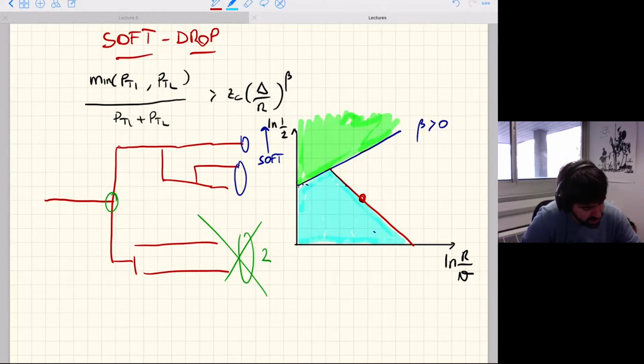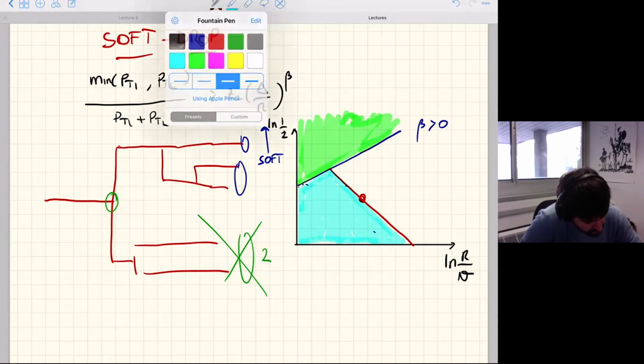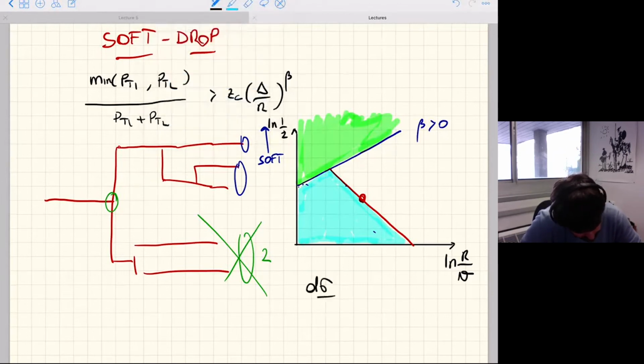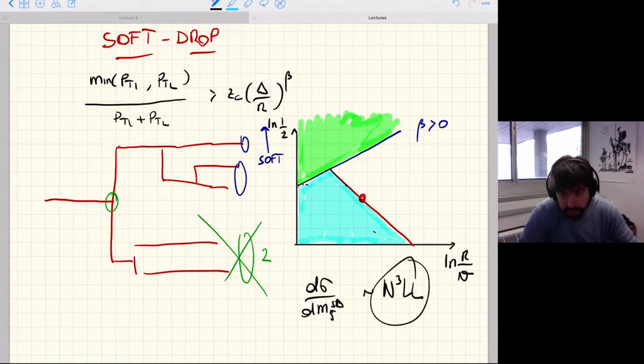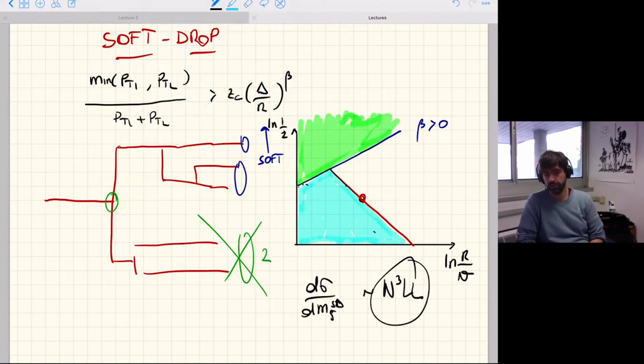And for this reason, we know the soft drop mass distribution at N cubed leading log. So we know it much better than we know the normal jet mass distribution, because we essentially can get rid of, in a safe and controlled way, complicated structure due to soft emissions.